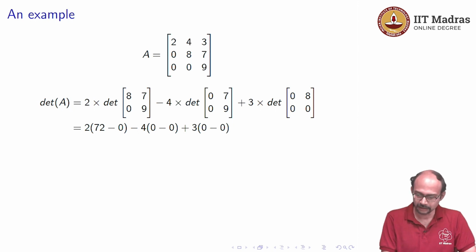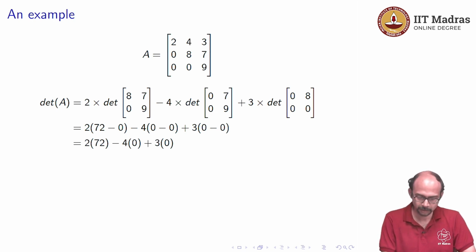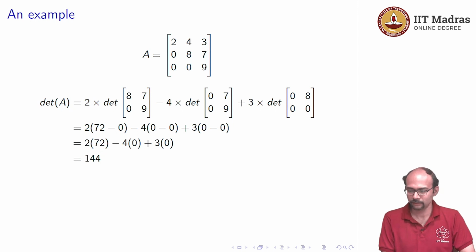Okay. And then if we work out what these are using the determinants of 2 by 2 matrices, we will get 2 times (8 times 9 minus 7 times 0), which is 72 minus 0, minus 4 times (0 minus 0), plus 3 times (0 minus 0). So this is just 2 times 72 minus 4 times 0 plus 3 times 0, which is just 2 times 72, which is 144.